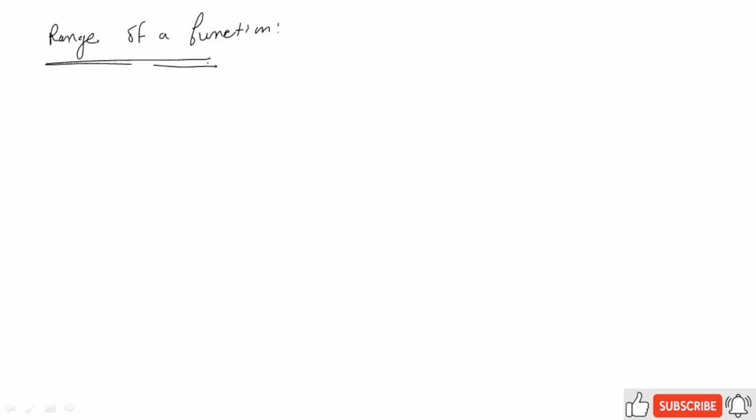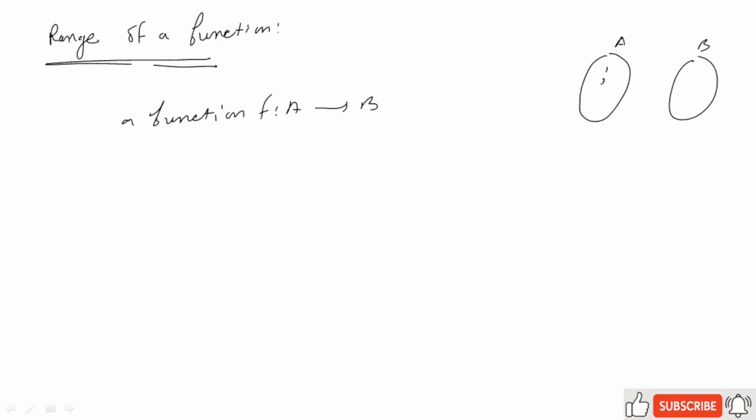Look here, a function f from A to B. As we know from the definition, each element of A corresponds to one and only one element in B. That means for making a function, take A as 1, 2, 3 and B as p, q, r, s, t.